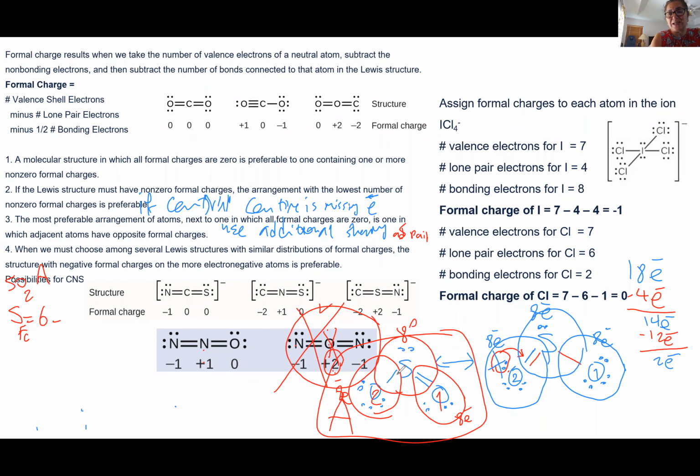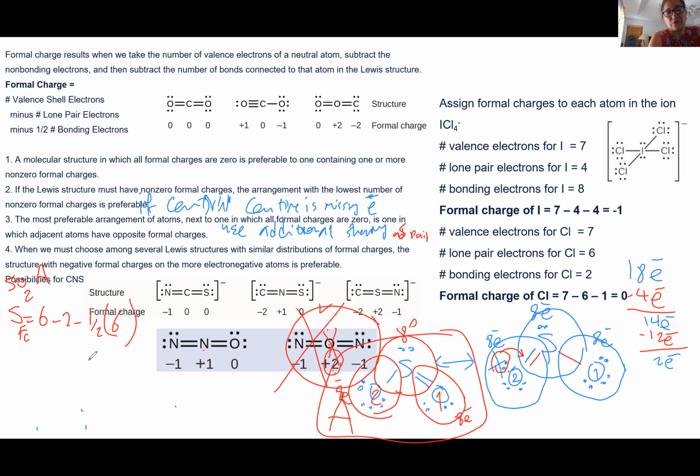How many unshared electrons do I have for sulfur? Two. Okay, and minus 1/2 of shared electrons. How many shared electrons do I have for sulfur? 6. 6 of them are shared.